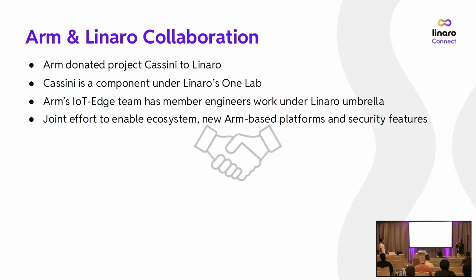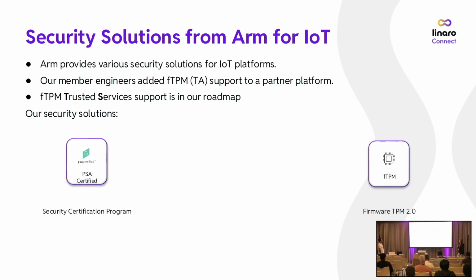Some of my team members are also member engineers working under the Linaro umbrella. It's a kind of joint effort to enable the ecosystem, especially around the Arm-based platforms and the security features. So security is a really big topic. Arm is always enabling most of the security solutions in the market.